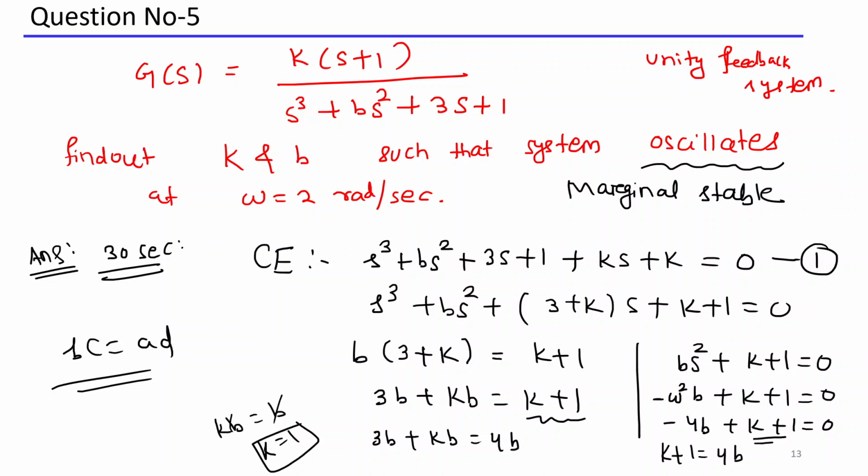If you don't have any doubt in this question, then we'll move forward. Sir, when they give that it oscillates at omega equal to 2, we have to only choose the squared value, right, sir? Yeah, I told you which square value you have to choose.